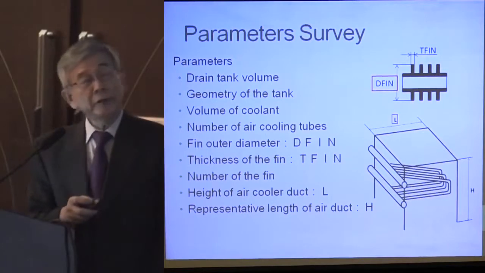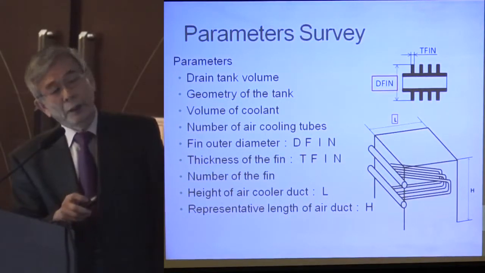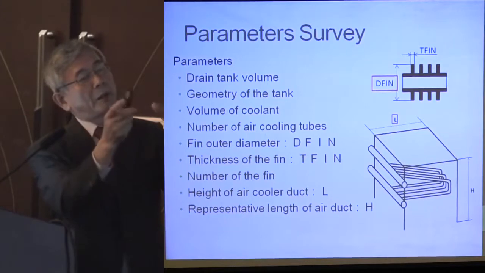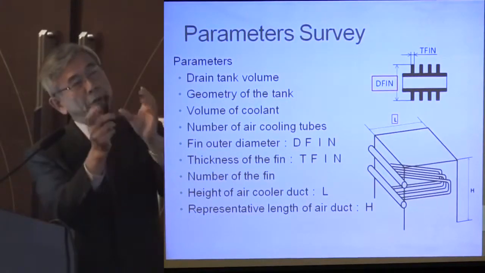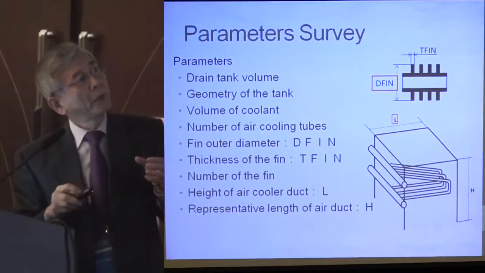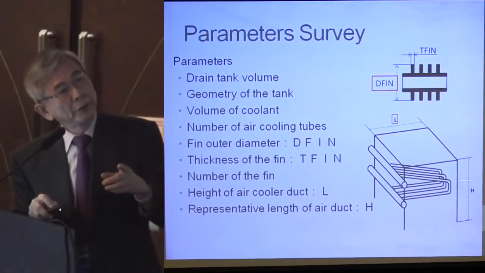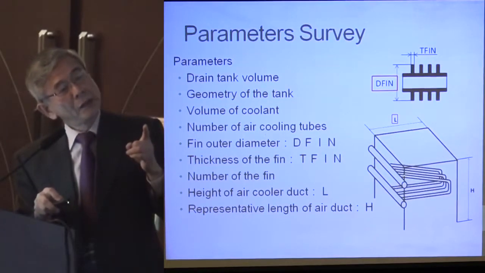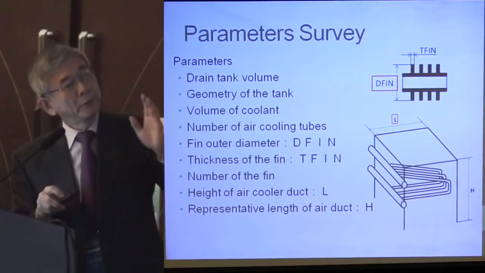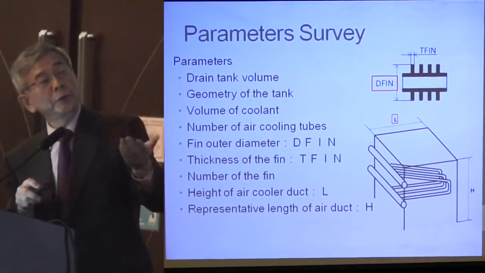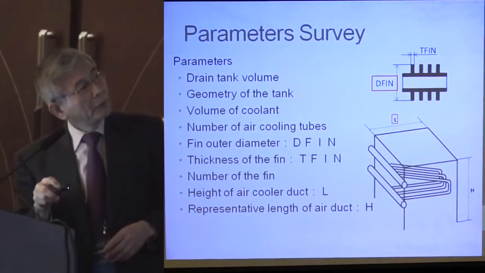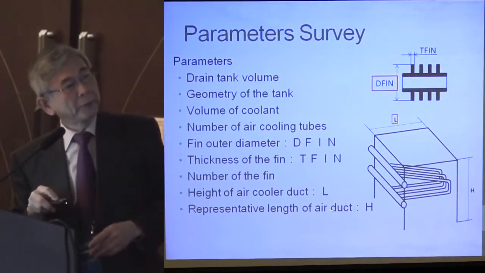And in our design study, there are a lot of parameters for the cooling system, like the drain tank system, the unit fuel volume surrounding unit cooling tube, and geometry of the tank, and the volume of coolant, number of air cooling tubes, and fin of the tube coolant, the air cooler fin, the outer diameter of the fin, or thickness of the fin, and the number of fins per unit length, and height of air duct, and the representative length of air duct.